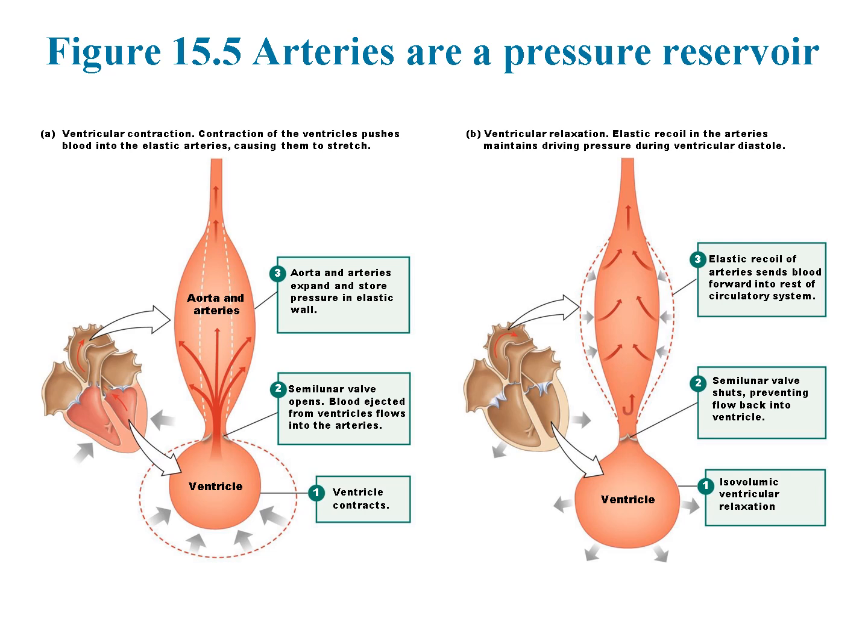This elastic recoil helps maintain a steady flow of blood, even when the heart is not actively pumping. By acting as a pressure reservoir, arteries ensure that blood moves efficiently through the body, providing continuous circulation to vital organs and tissues. This mechanism allows for smooth and consistent blood flow, reducing fluctuations in pressure between heartbeats.